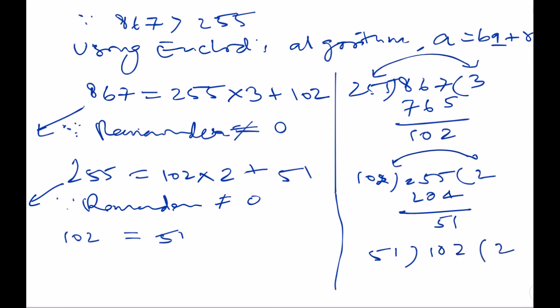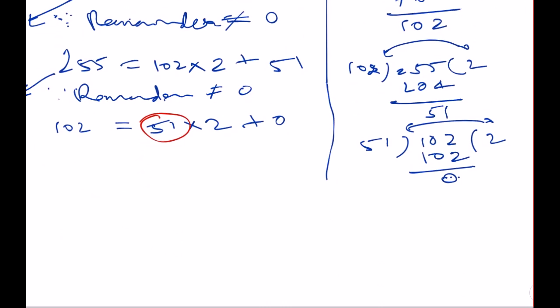You can see clearly here it is 51 2s are 102, remainder is 0. So 51 into 2 is 102 plus 0. So guys, here which is the last divisor here, it is last divisor, see. So write here something like what you wrote in the last question.